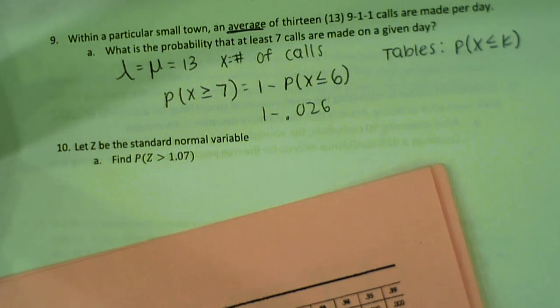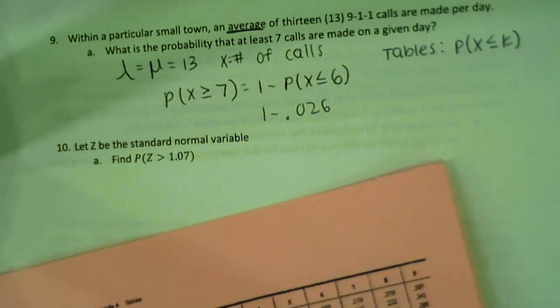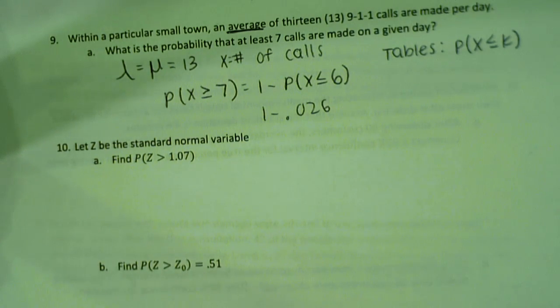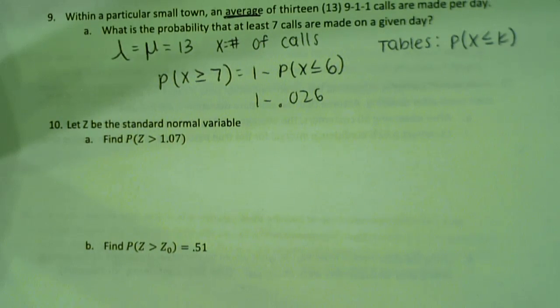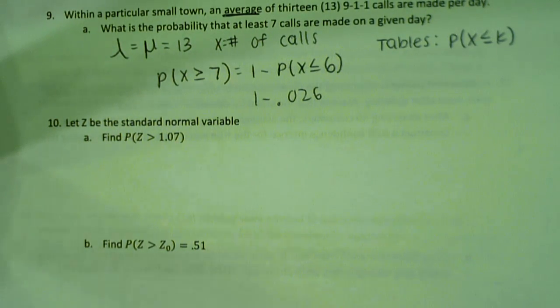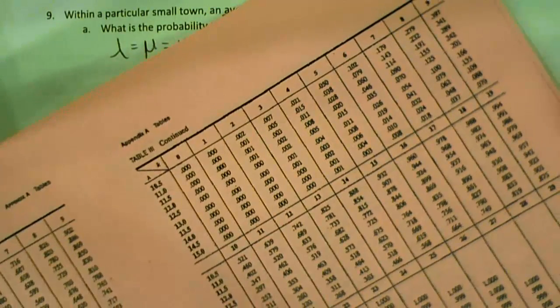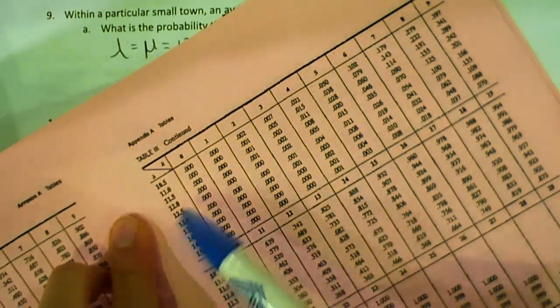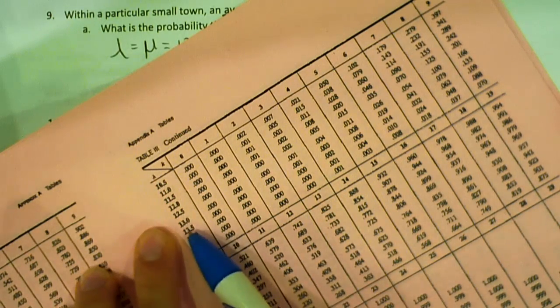Are you looking at where it has n equals at the top? Yeah. So if we look, I hope you guys can see this. Okay. So we have our lambda. That's just basically what our average is, right? We said that it's 13, so we go down here. 13 is right here.